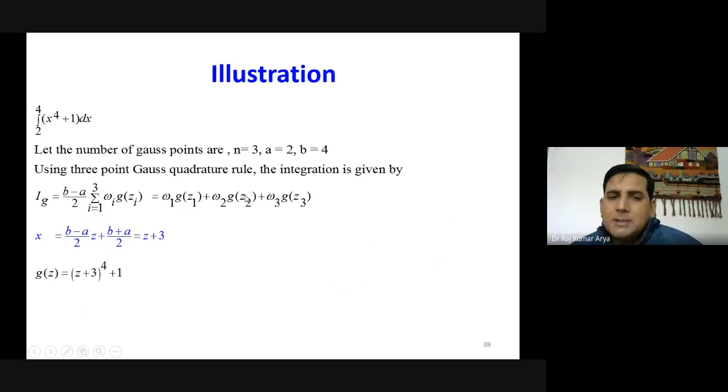These positions of z and weights are fixed for you. You need not worry about that. The only thing you should know is the function, and just calculate it. Now your x would be calculated from the previous one, so you will get here z plus 3. Now your g(z) would be calculated by this, because you have here (z plus 3) to the power 4 plus 1. So this is your g(z).